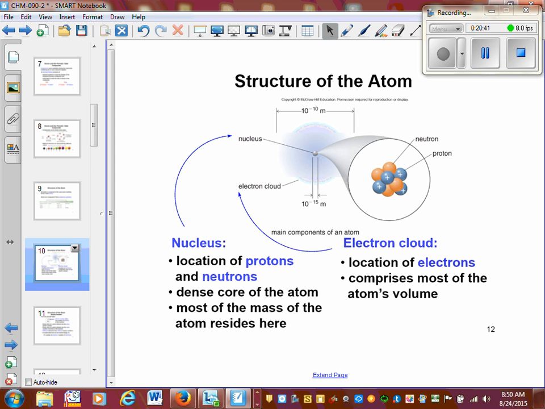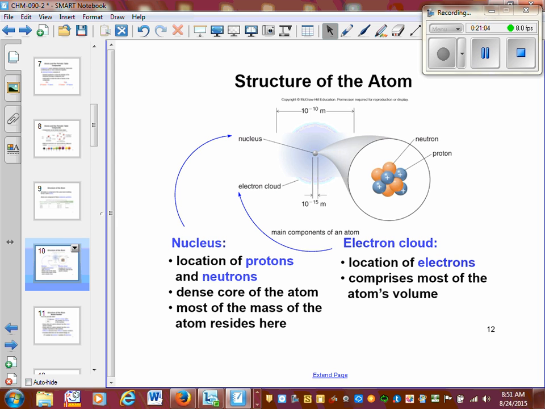We're not going to go into all the Schrodinger wave equation theories, but the electrons form a cloud around the nucleus. Not an orbit. It's not like the thing in the Big Bang Theory where they show them going around. It's a probability of being in a certain space around the nucleus. So most of the weight comes from the nucleus, most of the volume comes from the electron cloud.